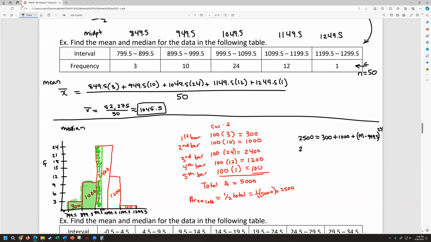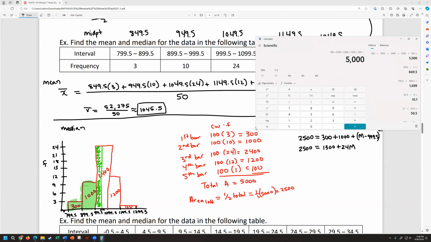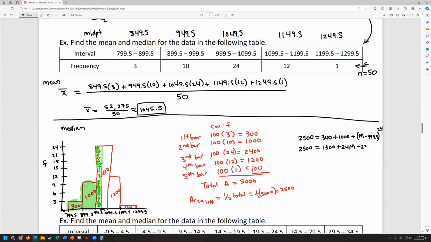Okay, so let's see if we can simplify this and find our grouped median. So this is 1,300. Going to go ahead and distribute that 24. So I'm going to have a plus 24M and then 999.5 times 24. And I know it's negative because we're multiplying times a negative. That's negative 23,988.